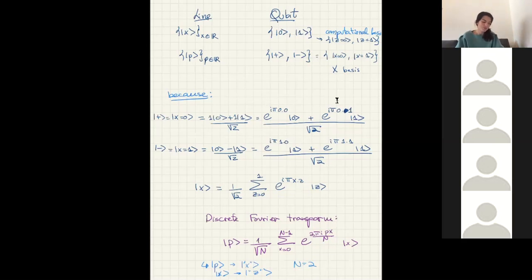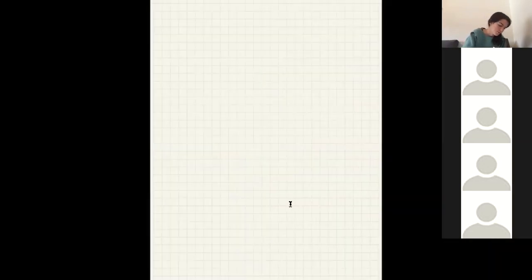So then how do we do more dimensions? How do we do it with qubits? Well, we just tensor more qubits, right? How do we go to 3D, for example?